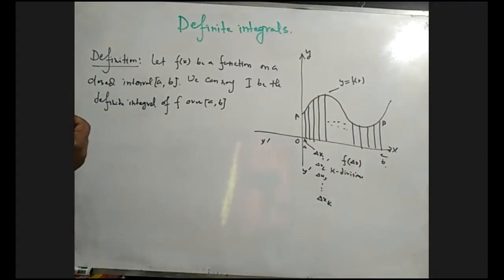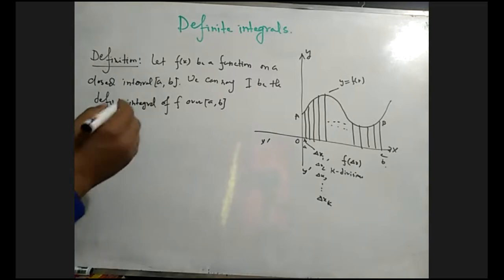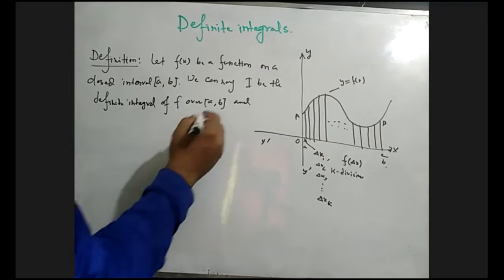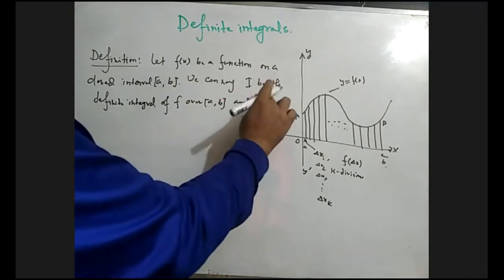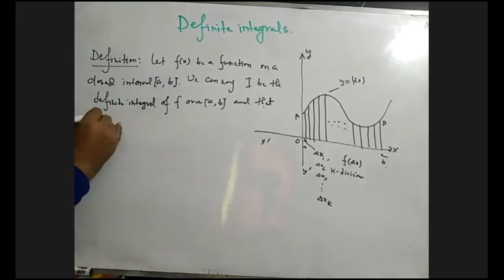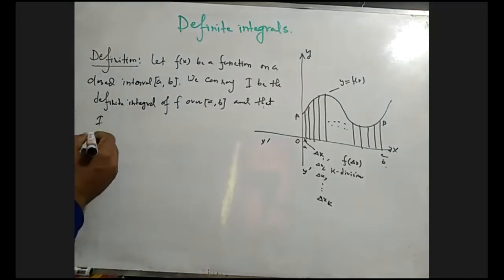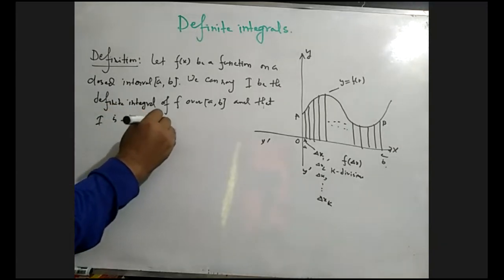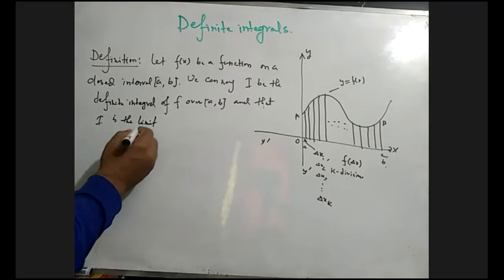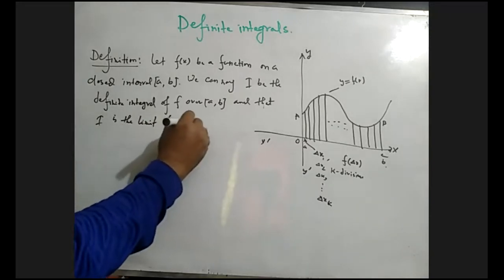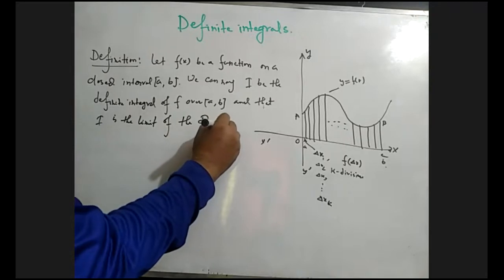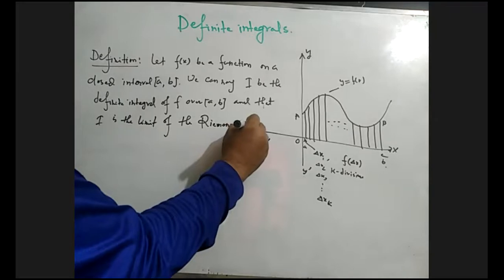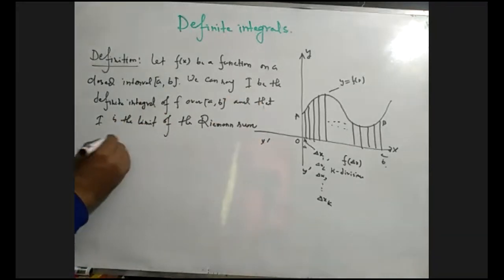I is the limit of the Riemann sum, which is the Riemann sum actually?